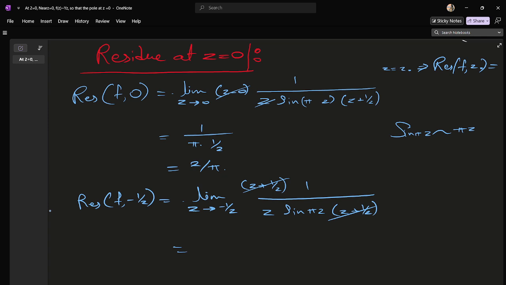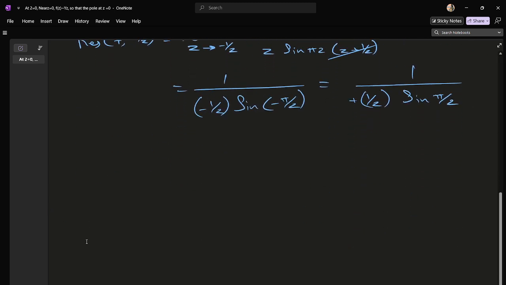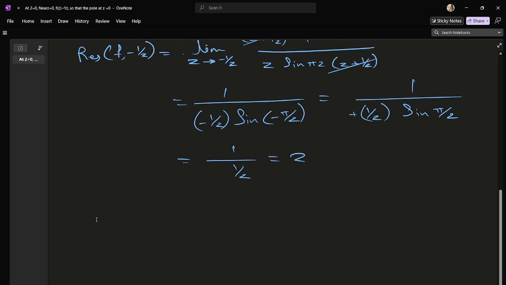It will be 1 over (−1/2) sin(−π/2). That will be minus sin(π/2), so minus and minus will be plus half, and sin(π/2) is 1, and then it is 1 by half, so it is 2. So our residue at minus half is 2.